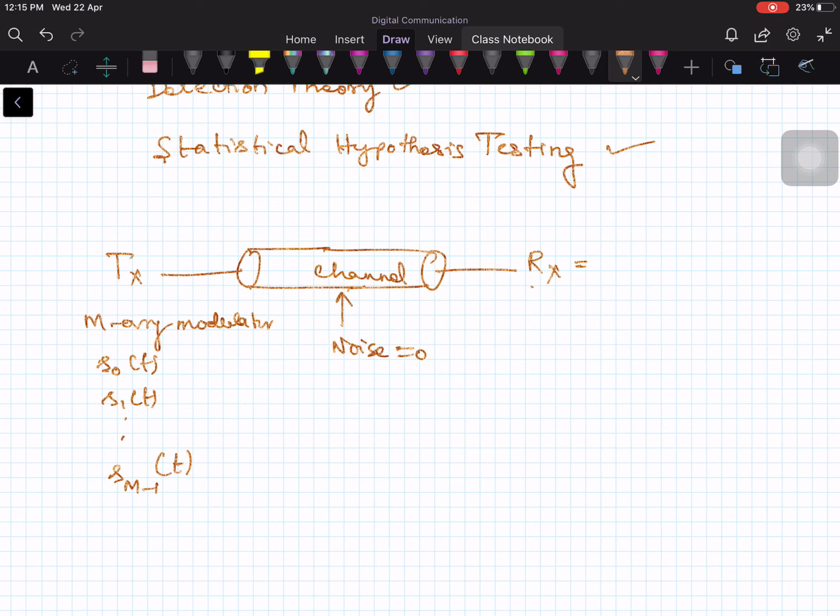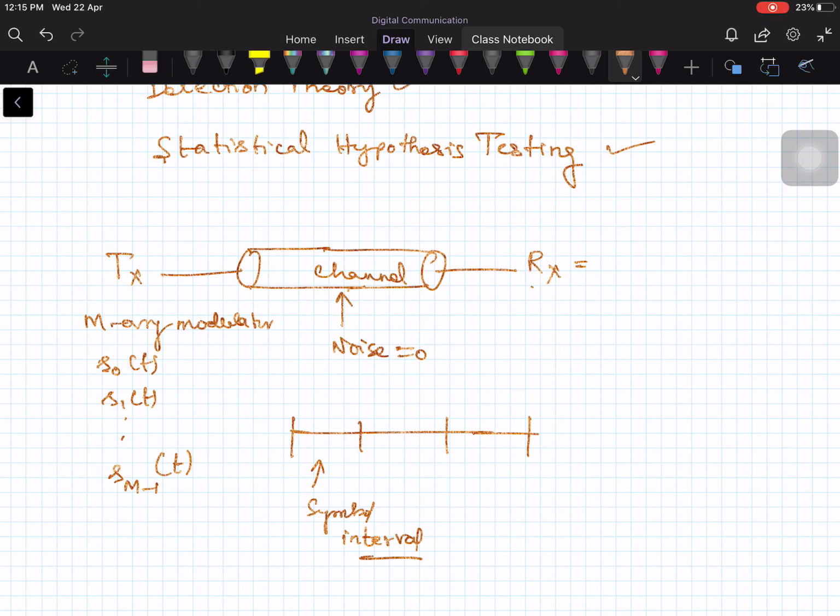In every interval of interest, because in digital communication we divide into intervals, let me call this a symbol interval or bit interval.